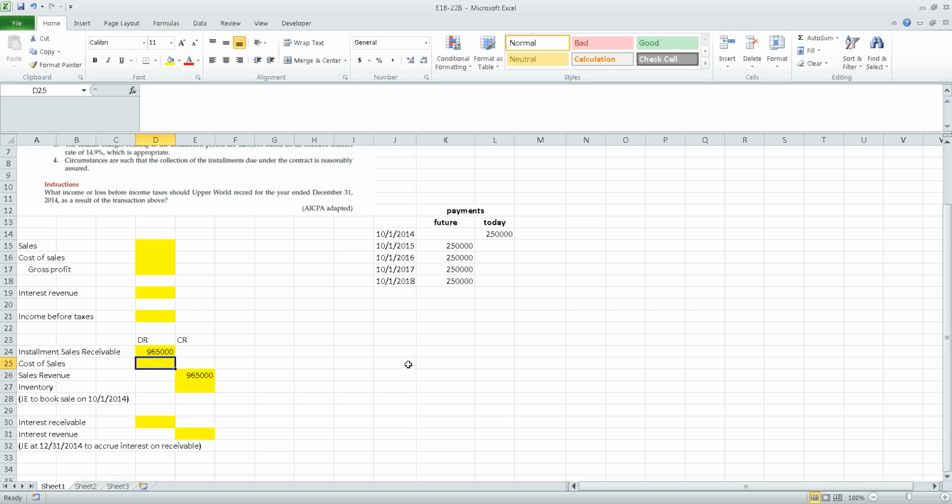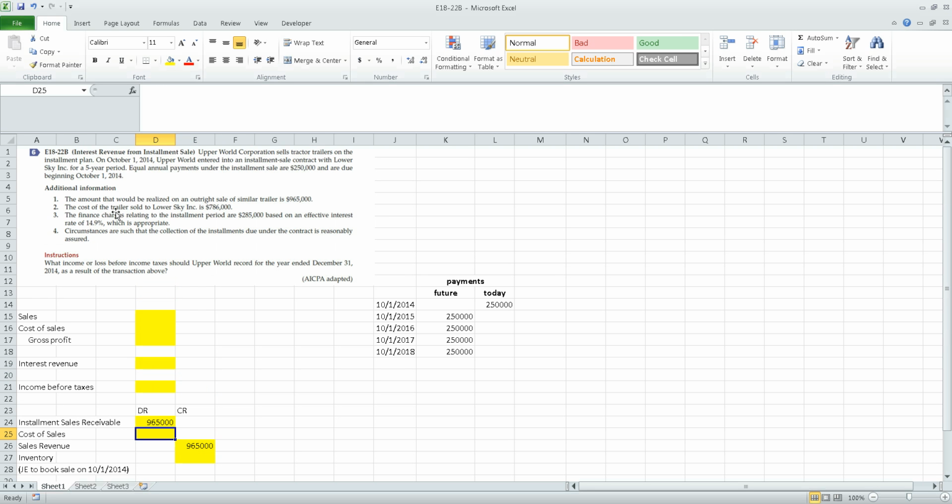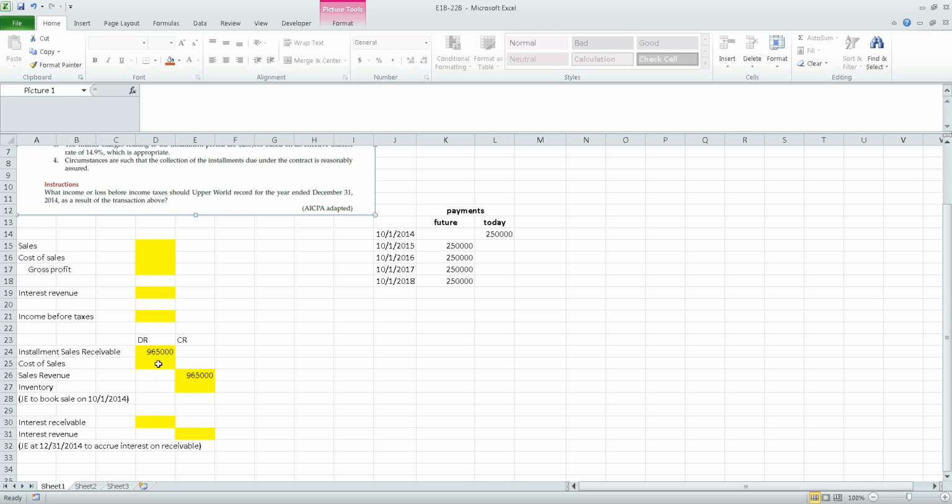And then we recognize cost of sales based upon the cost of the trailer to the manufacturer, which is $786,000, and remove the cost of the trailer from the inventory account.